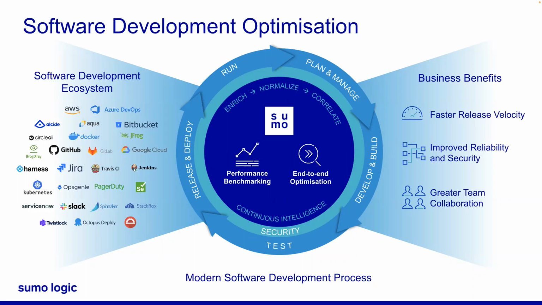There are a lot of moving parts, and what we're trying to do is assist people in working through their CI/CD processes and bring some business benefits to the table: faster release velocity, improved reliability and security, and greater team collaboration.